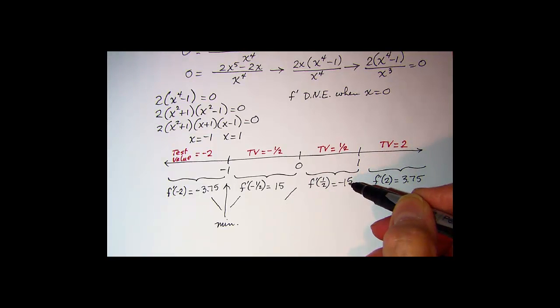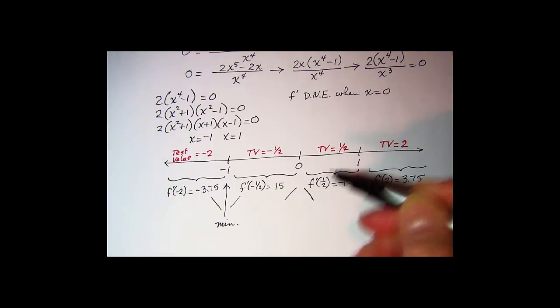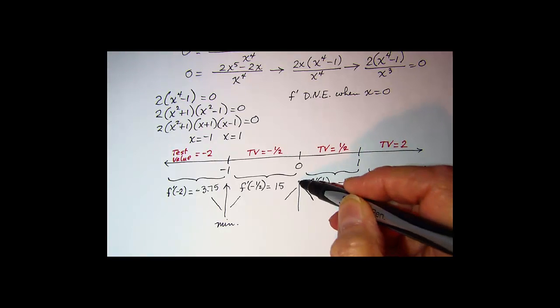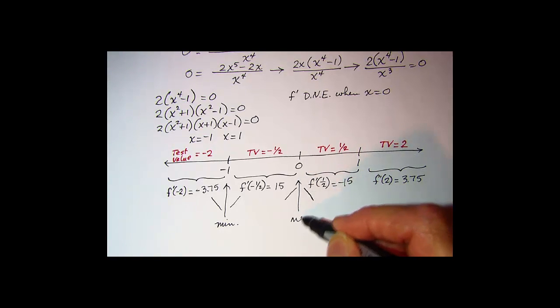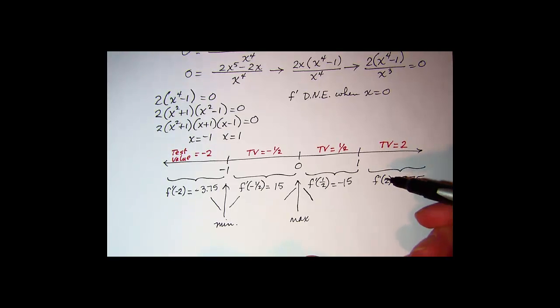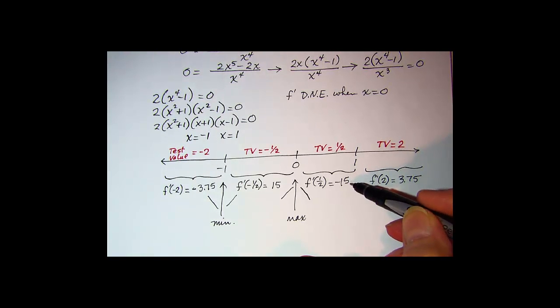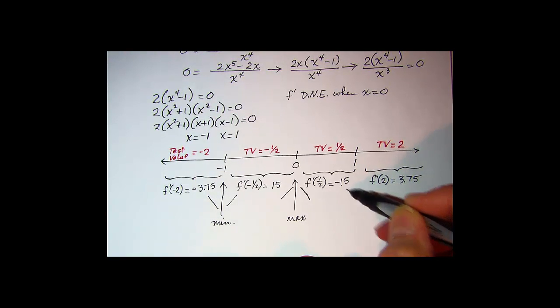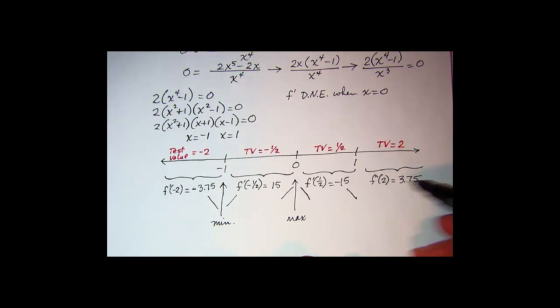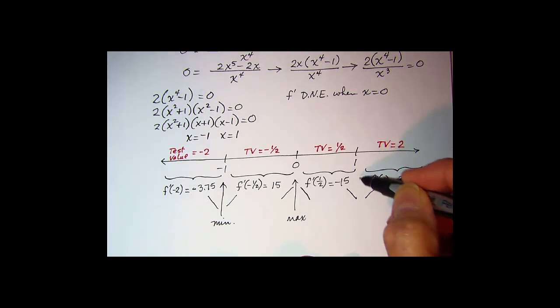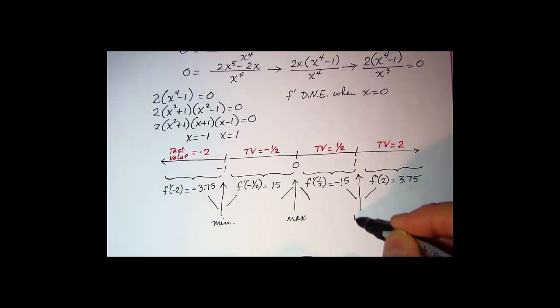Our derivative in this interval is negative. So this critical number may represent a max. And our derivative in this interval is negative. Our derivative in this interval is positive. So this critical number may represent a minimum.